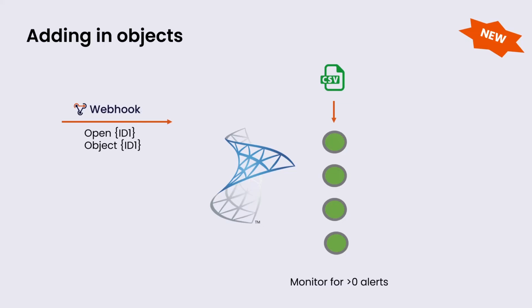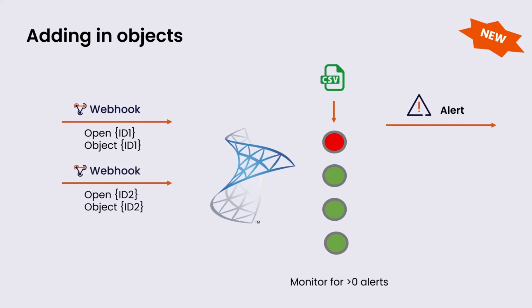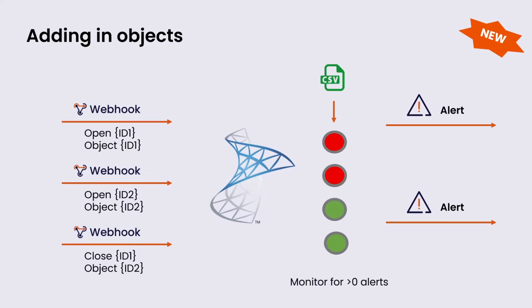The additional piece of information is to map the webhooks received to a specific object so that we can do exactly that, to make them go red when an alert is raised against them, and ultimately the other way around as well. So in the case of this bottom one, we're closing off one of our alerts to make it go green again afterwards. So that's the next cool thing to show you.